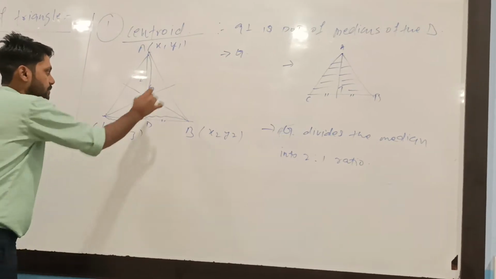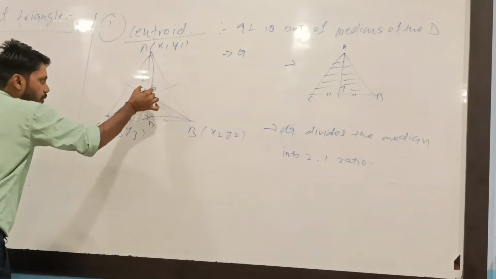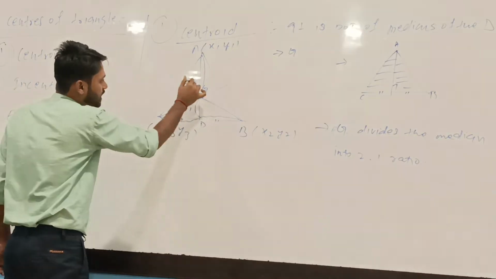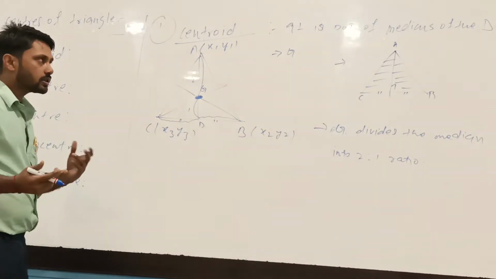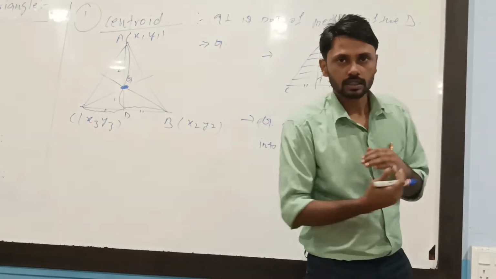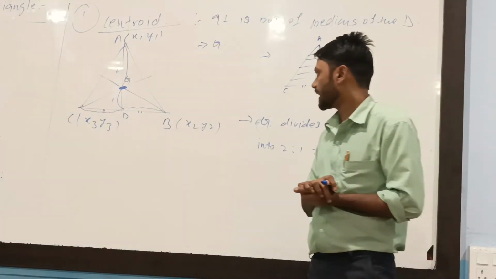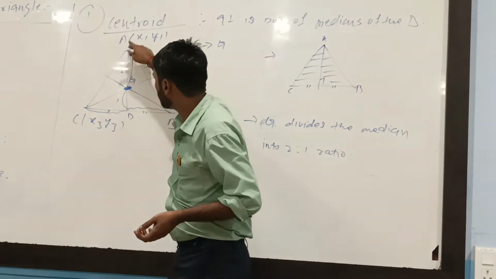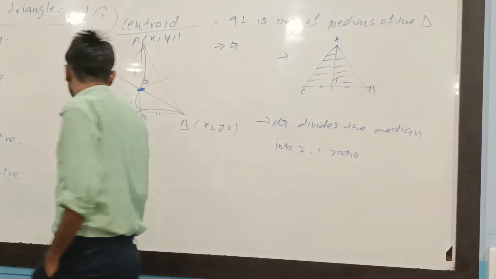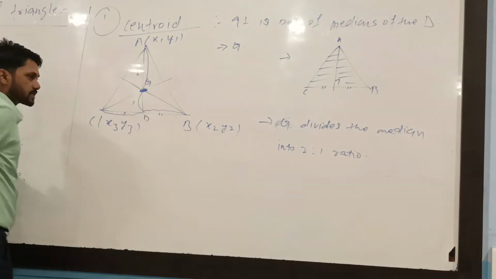Similarly for each median, this part will be 2 and this part will be 1. So two properties you know. First, the median divides the side, the base, into two equal halves, and the centroid divides the median in a 2:1 ratio. Understood?